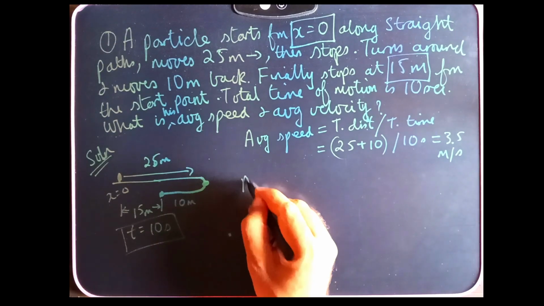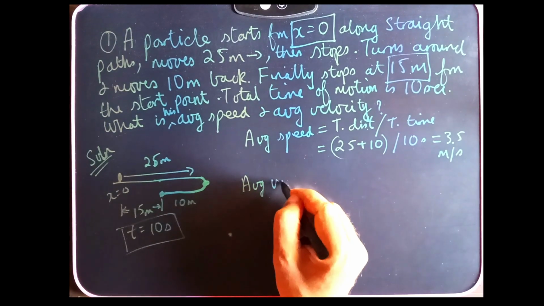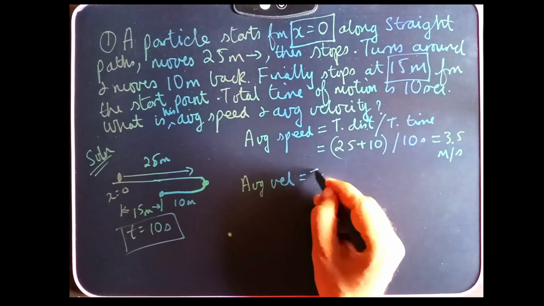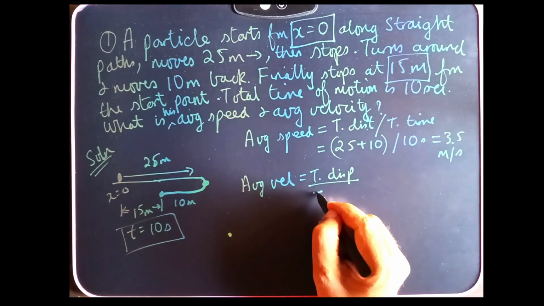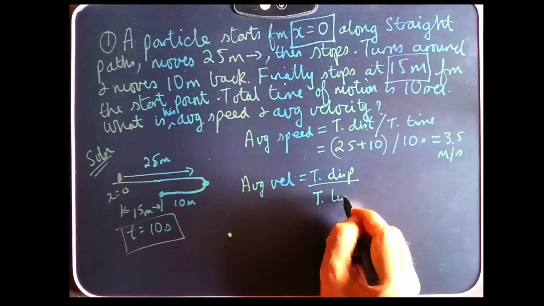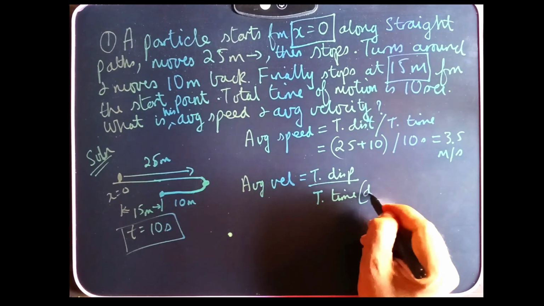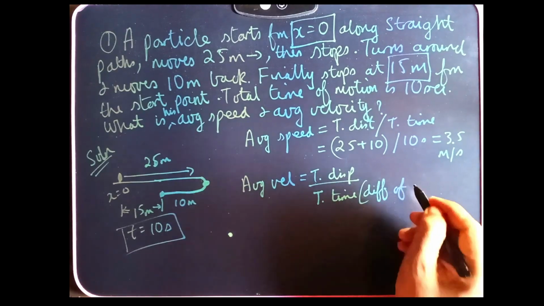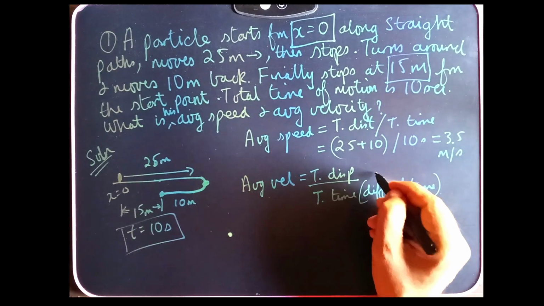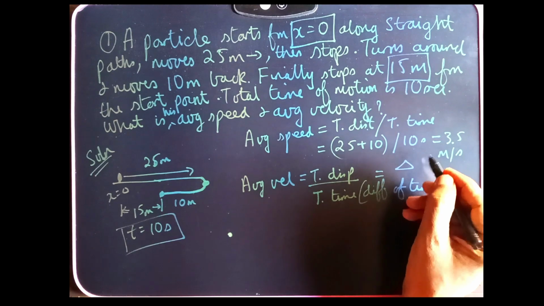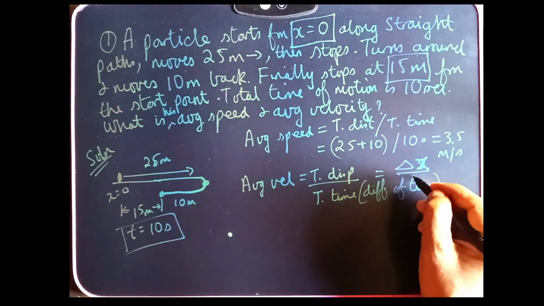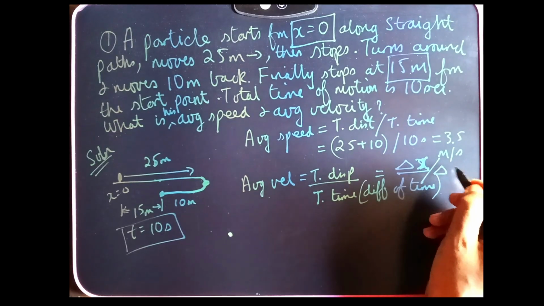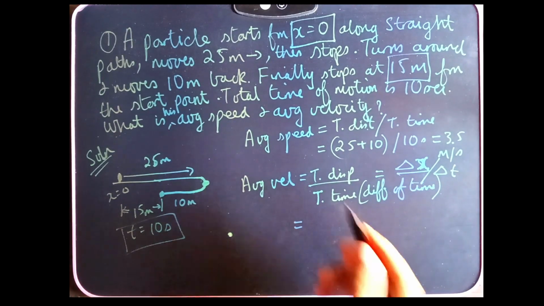Then what are we asked? Average velocity. Average velocity we know is the total displacement by total time, or difference of time. This is given as delta x divided by delta t. So what is the change in displacement?